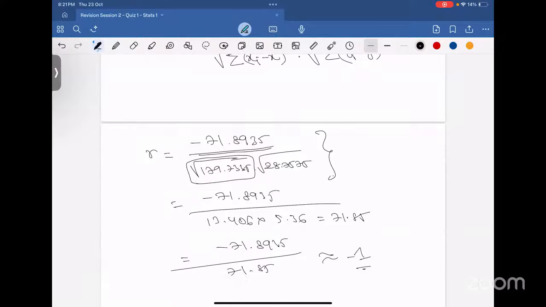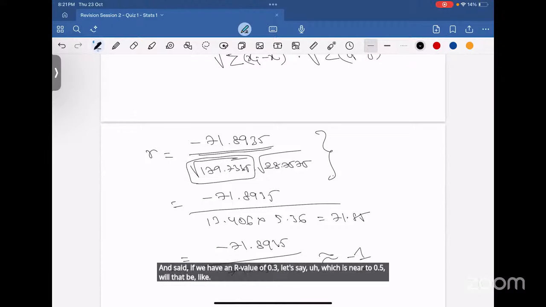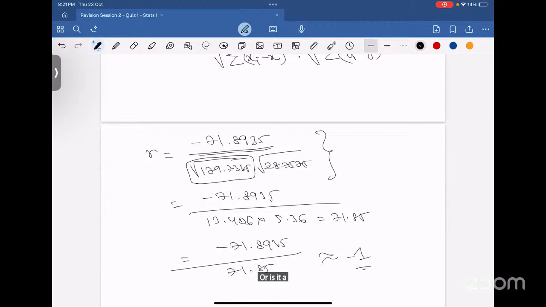Sir, if we have an R value of 0.3, let's say, which is near to 0.5, will that be counted as a moderate one, or is it weak? Actually, it will not be counted as moderate. Anything above 0.7 is considered strongly correlated.